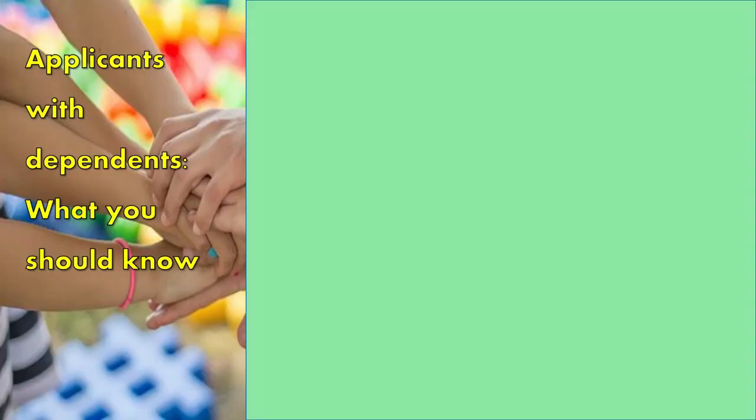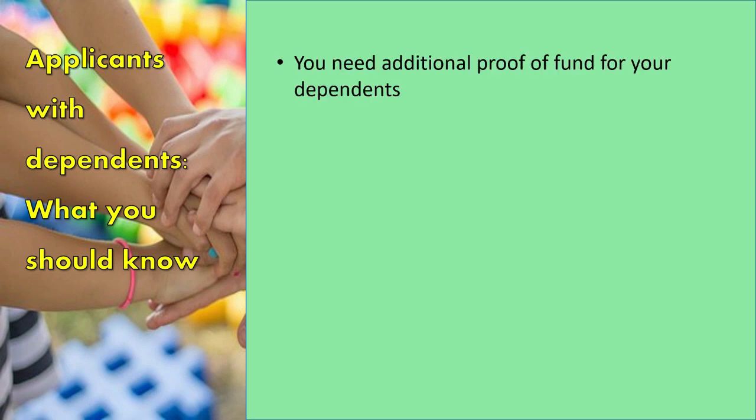Let's talk about applicants with dependents. What you should know, you need an additional proof of fund for your dependents. So even when you have full funding, in the situation whereby the full funding does not cover your dependent, you will need to cover the deficit.